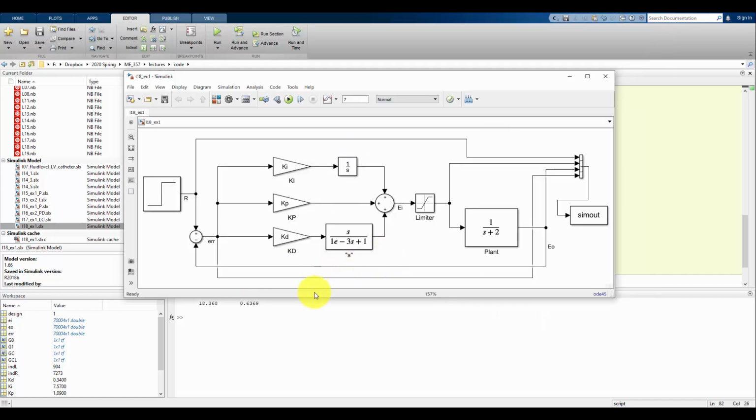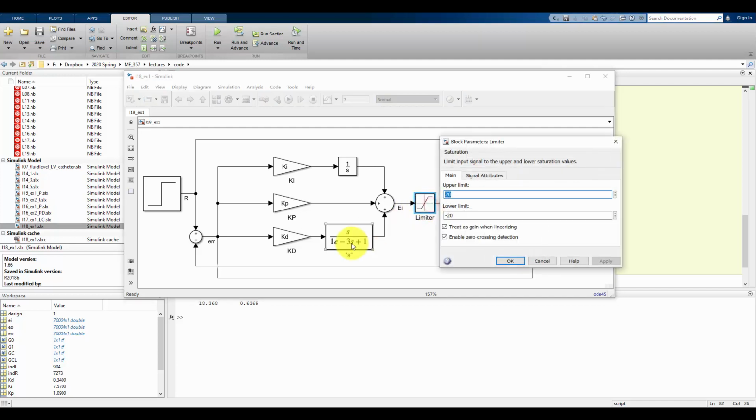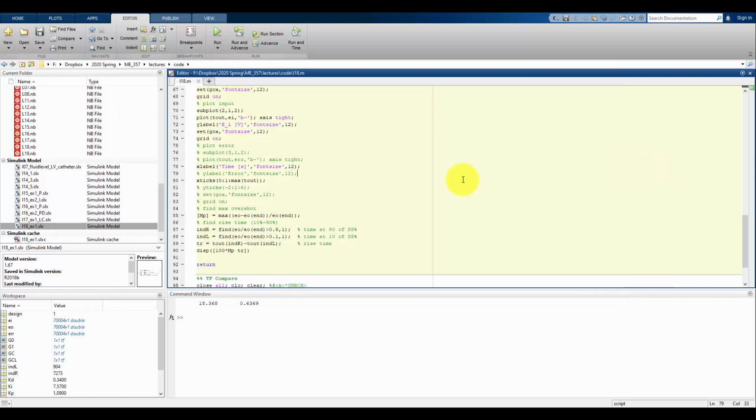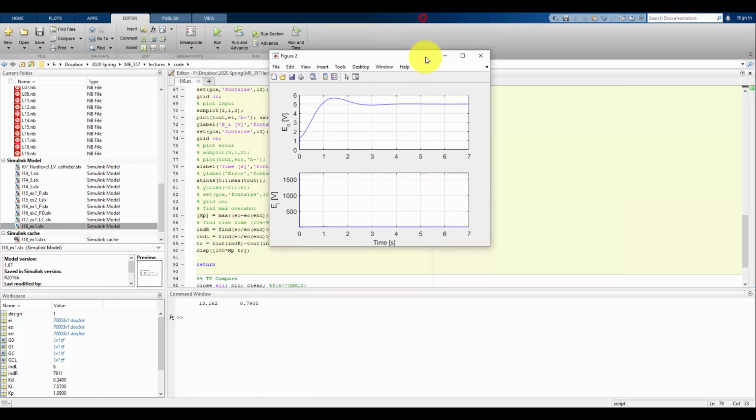So if I go back in here, let's say that we had a much more capable actuator. We could provide a lot more. I'll go up to 20,000 just for this demonstration here, so I don't have to change too much. All right, so we can provide a much bigger spike. Let's see now how it performs. So here's our output and our input.